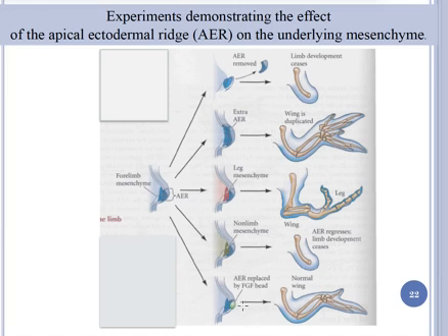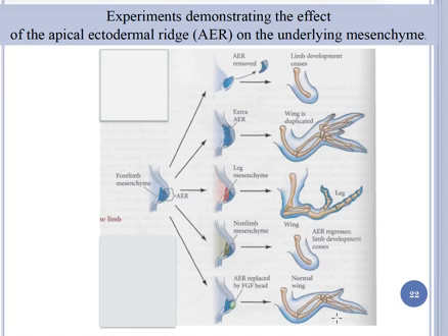In the last experiment they removed the AER and replaced it with beads called FGF beads, so beads able to produce FGF. In this case it should be FGF8 instead of the AER. And in this case we got a normal wing development.